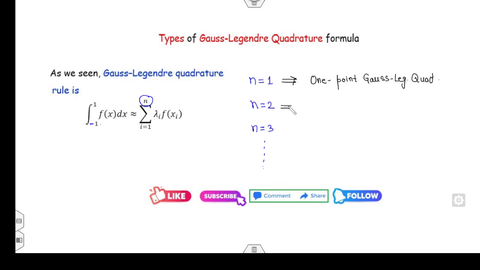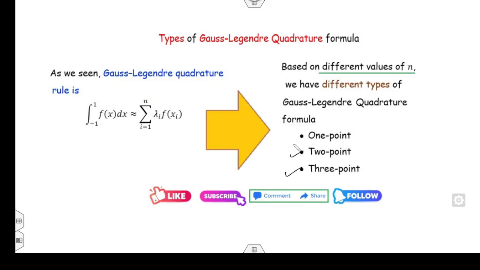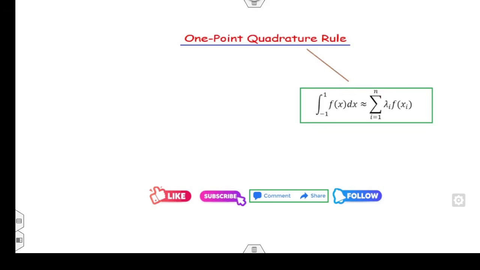If you choose n is 2, then we call it the 2 point Gauss-Legendre quadrature formula. If you take n is 3, then we call it the 3 point Gauss-Legendre quadrature formula. I will tell you in detail what a 1 point, 2 point and 3 point formula is. So firstly, what is a 1 point?